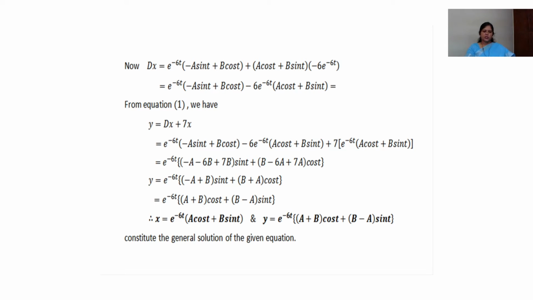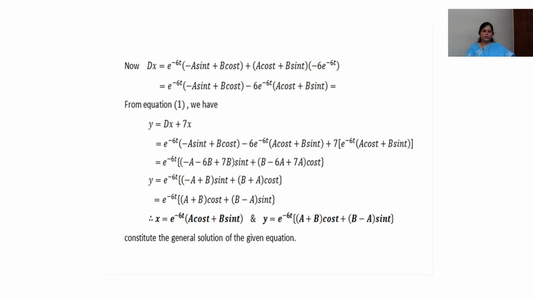So finally, after simplification, we are getting y is equal to e to the power minus 6t ((minus a plus b) into sin t plus (b plus a) cos t). So y is equal to e to the power minus 6t ((a plus b) into cos t plus (b minus a) into sin t), we got.